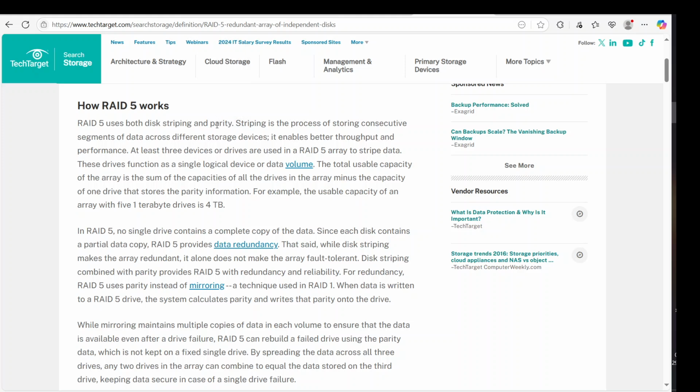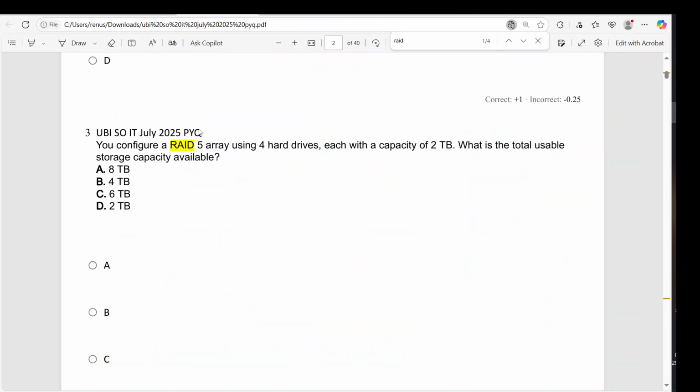Let's understand how it works. Let's suppose you have a movie of 4 GB.